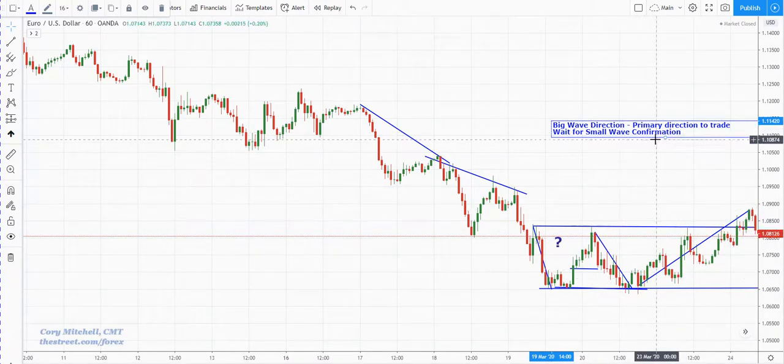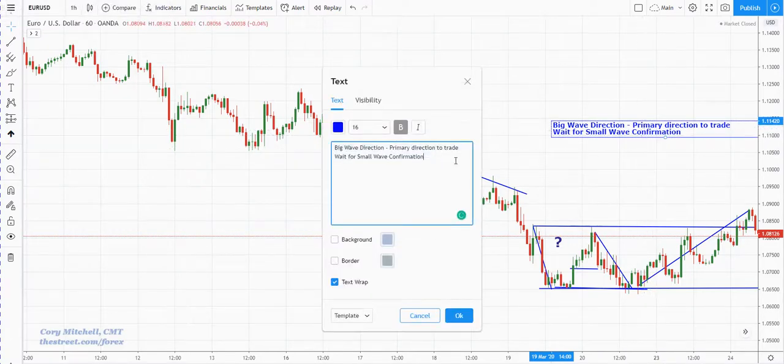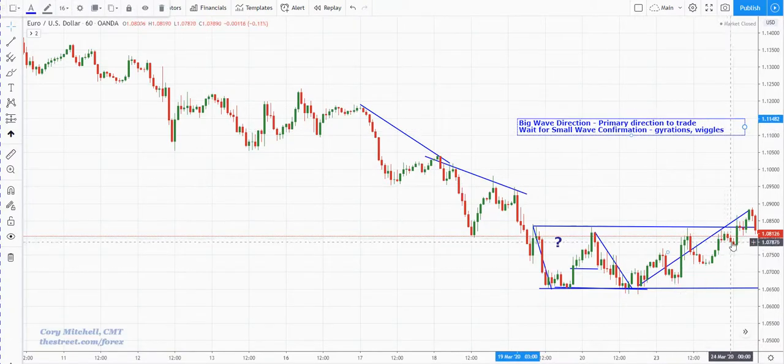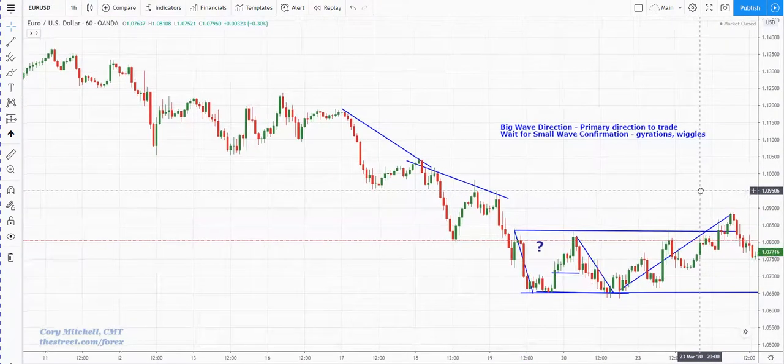So you can think of small waves as gyrations, or those wiggly movements. Gyrations or wiggles. So we have all these wiggles to the upside, but ultimately they've all moved in one direction, and we've created a big wave to the upside.